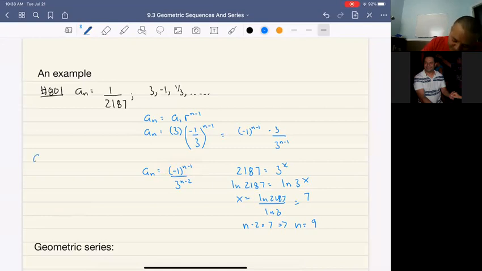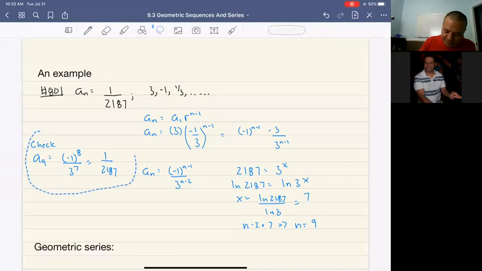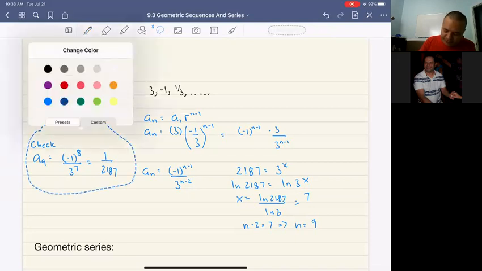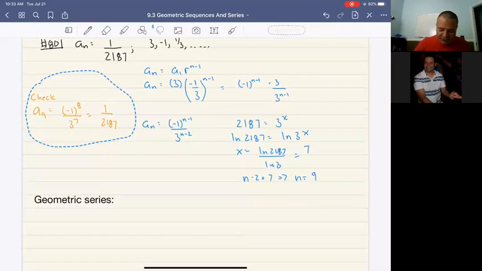So, a check, a sub 9 equals -1 to the 8, which is going to be positive, over 3 to the 7. 3 to the 7 is 2,187. And -1 to the 8th is going to be +1. Okay, so this one is, in fact, correct.